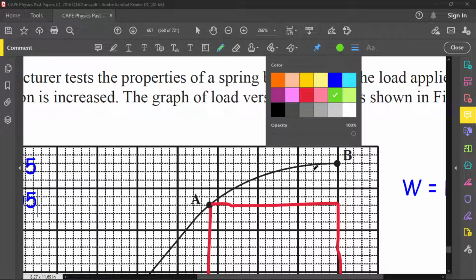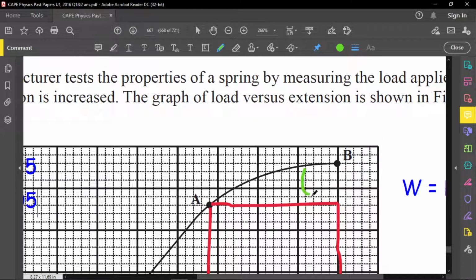For example, if you look at this small section right here, all of this section equals about 1 square. So all of this is 1 square. Going to this part now, I want you to notice these two pieces right here. These two parts that I'm going to circle equal about half.